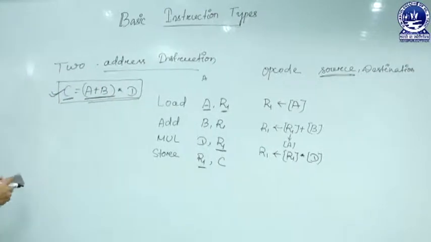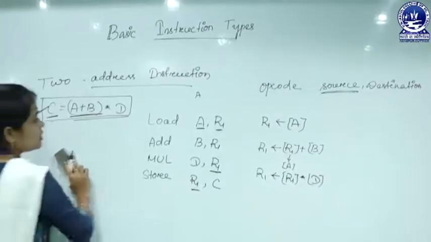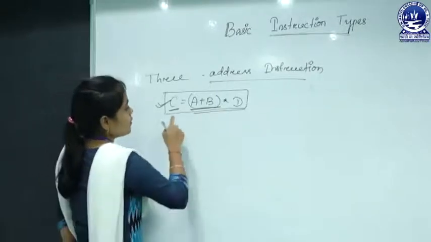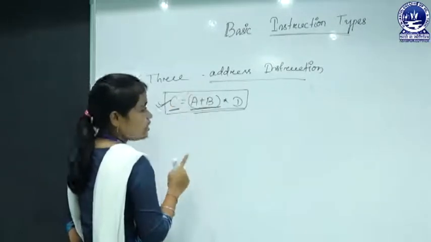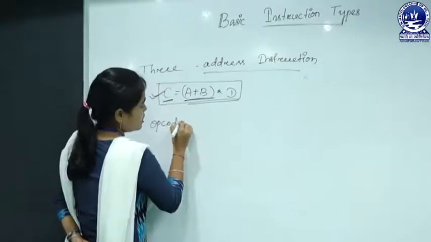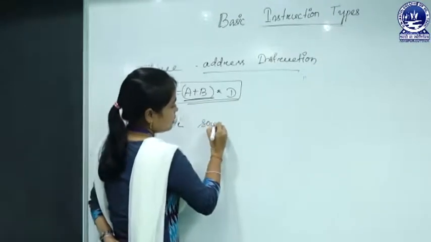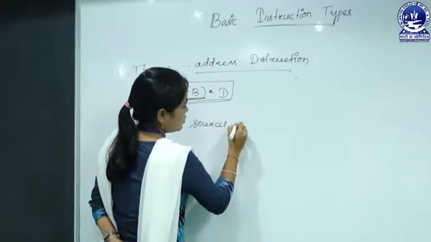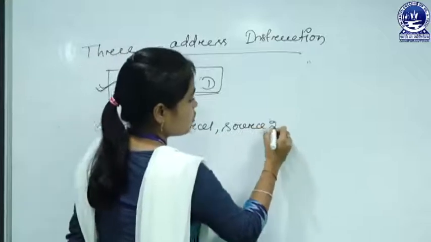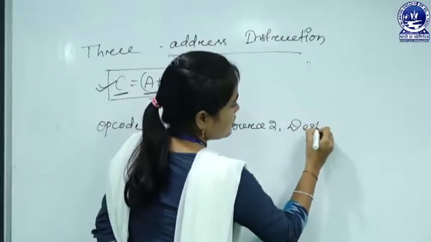Next, let us see the 3 address instruction format. When I am talking about the 3 address instruction format, that means there is an opcode, 2 source operands, source 1 and source 2, and 1 destination.